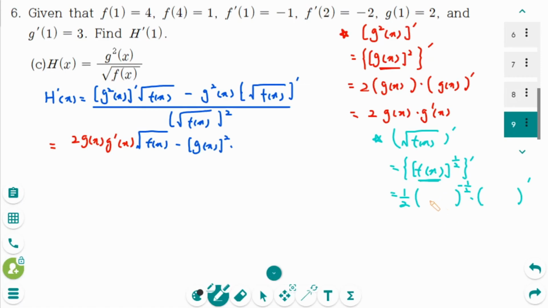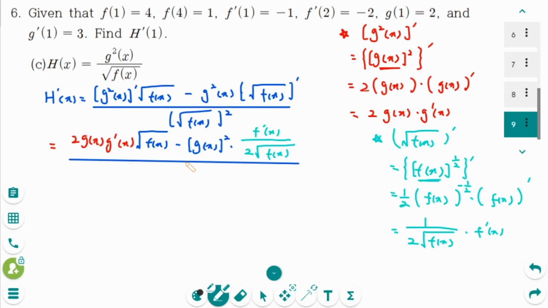The inner function is f of x. Then we can rewrite as 1 over 2 square root of f of x times f prime of x. Then back to the original, f prime of x over 2 square root of f of x, over f of x.